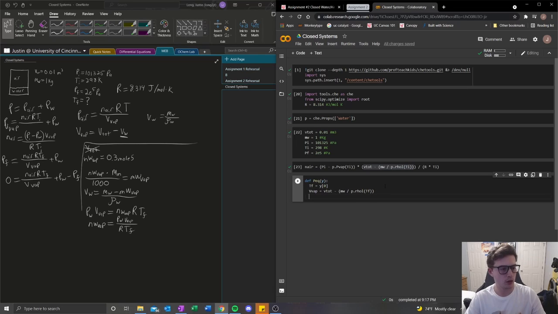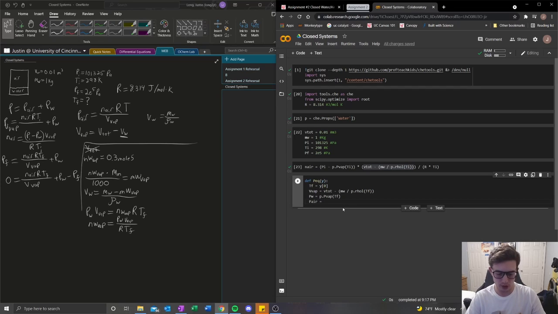Alright, and then we are also going to need the pressure of water, and that is equal to the Antoine vapor pressure, so PVAP, at the final temperature. And then we're also going to need the pressure of air, and we see down here that that is equal to this there.